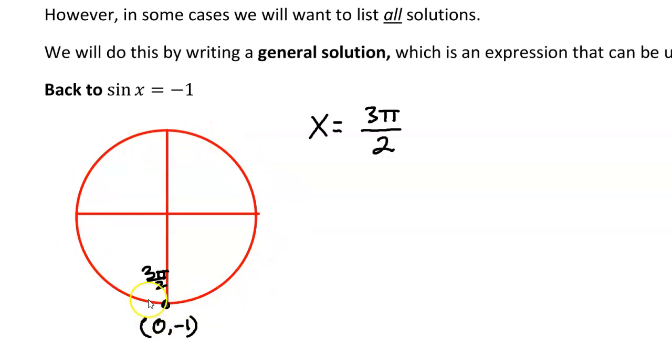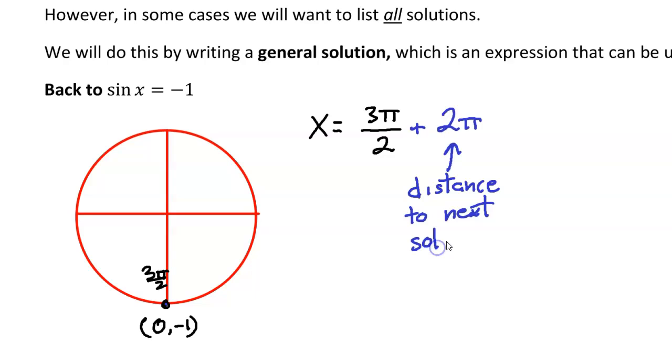So all of these are actual answers, and we can come up with a way of writing it in a very simple form. If I add 2 pi to this, since that's the distance to the next solutions, meaning if I start at 3 pi over 2 and I go 2 pi, well, that's another solution.